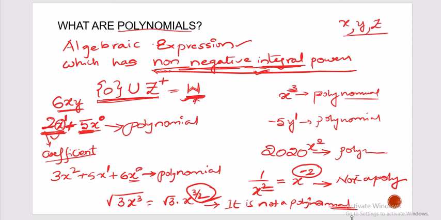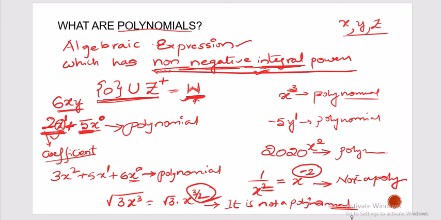Whenever you have non-negative integral powers, only then can we say that an algebraic expression is a polynomial. If it doesn't satisfy that particular definition, then we cannot say that it is a polynomial, right? Now let us see some more examples.